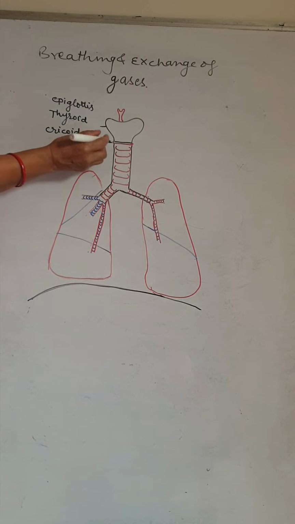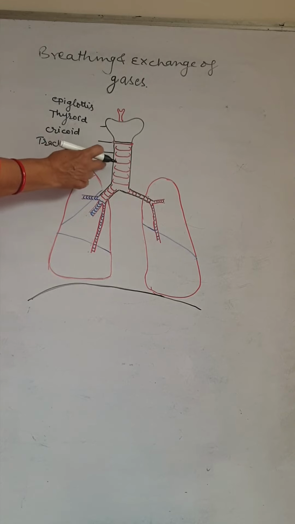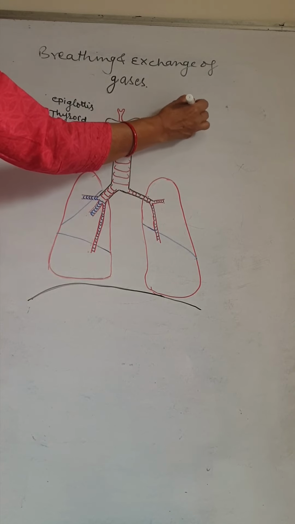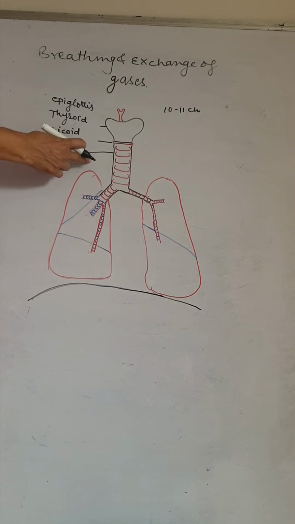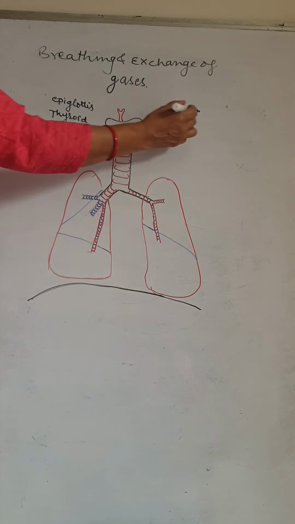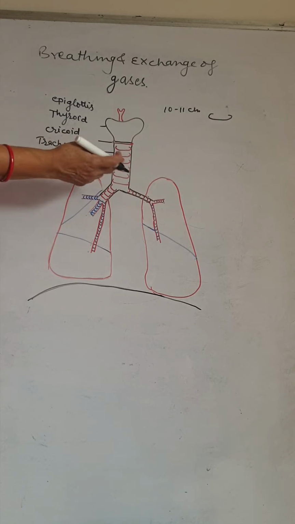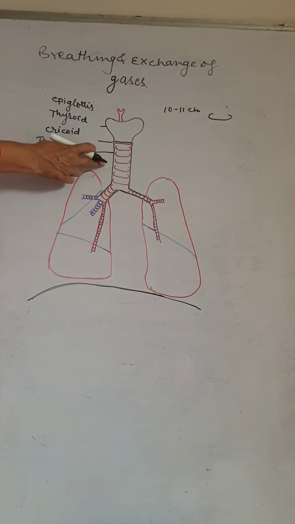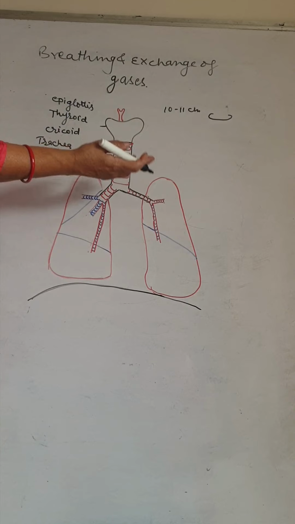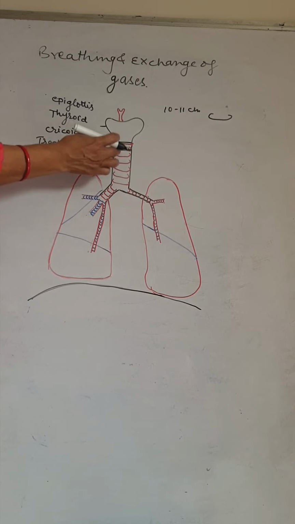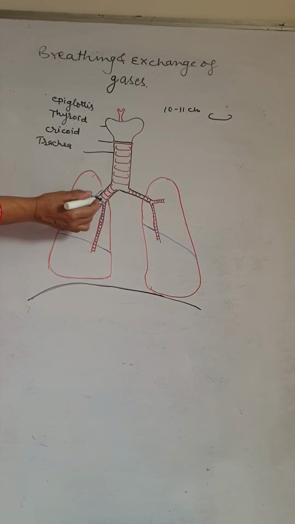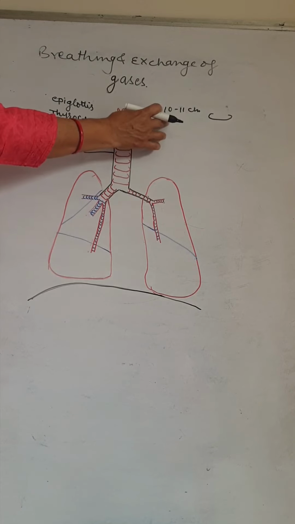Below the thyroid gland is the trachea, a 10 to 11 centimeter tube supported by C-shaped cartilaginous rings. The rings are anteriorly complete, and on the posterior side, where the food pipe, the esophagus, lies, they are incomplete.